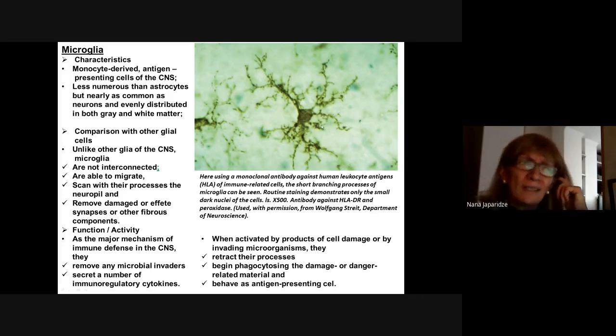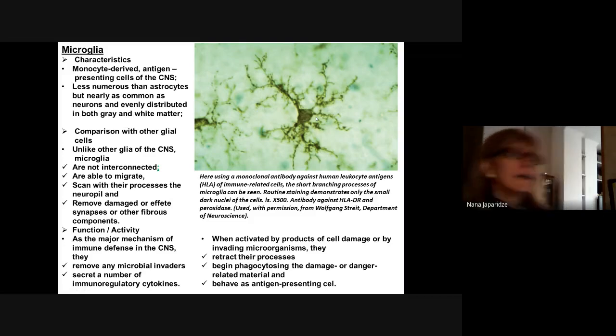And you know what is characteristic for these microglial cells? They are cells which are represented in the nervous system solely. So they are not interconnected. They have to be able to move from one place to another.